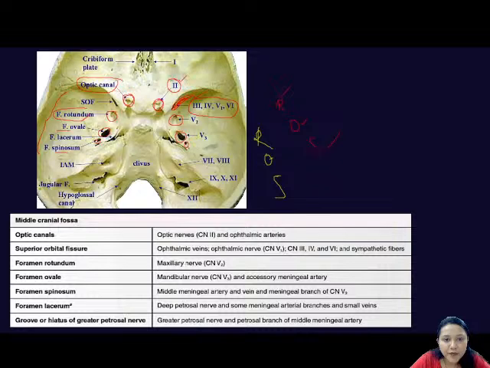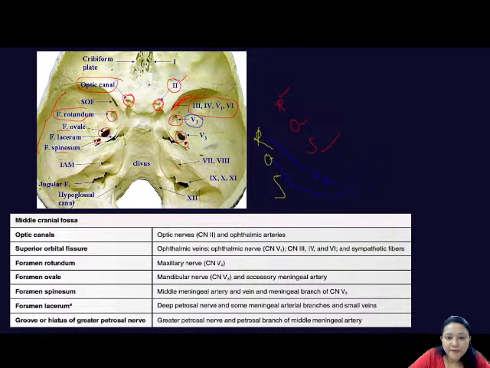Now through the rotundum, what nerve is going to get transmitted? That is the V2. Now what is V2? V2 is the maxillary nerve. Through the oval, what nerve is going to get transmitted? That is V3, the mandibular nerve.